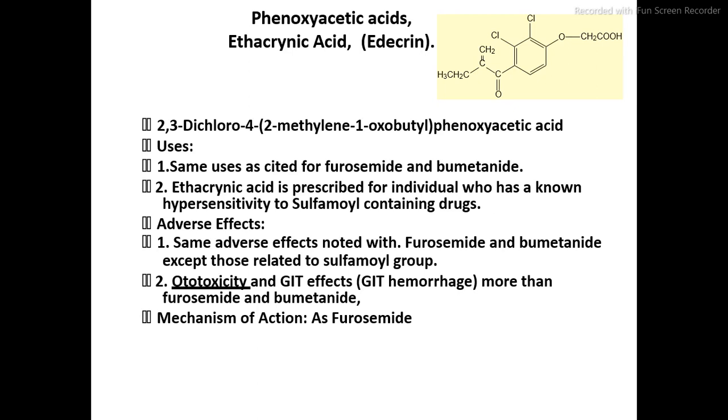You can see here the ethacrynic acid alkylates the endogenous thiol compound glutathione, where RSH is glutathione here, and it produces sulfhydryl containing conjugates.